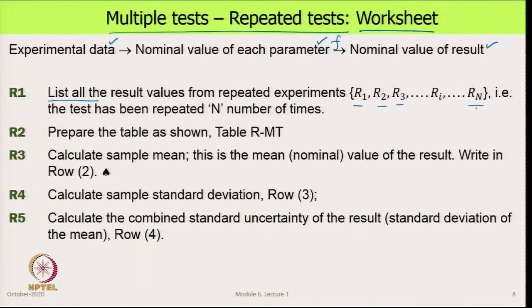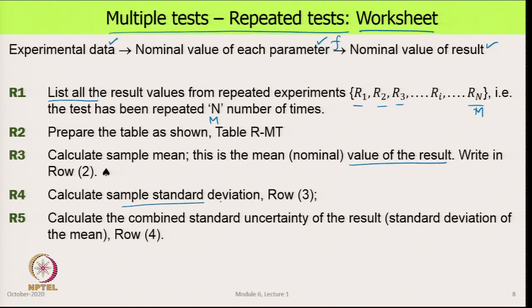So, here we have put n, earlier we had put m, we can put that if we have to use that as m. And then we take the table, as we will see in a few minutes. We calculate the sample mean, which is the mean of the values of the results.